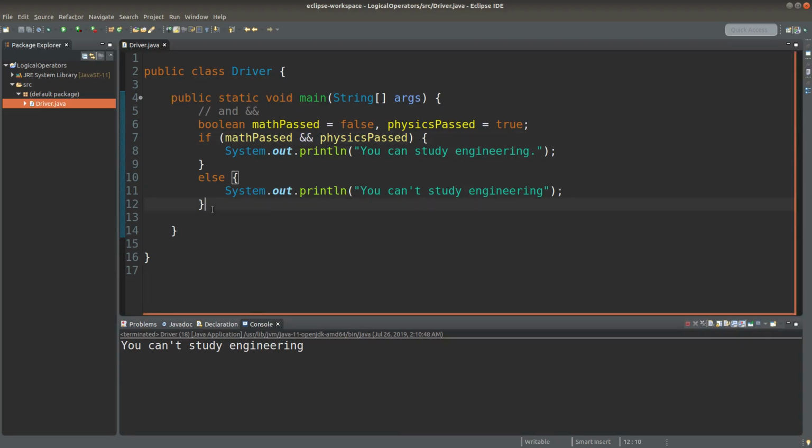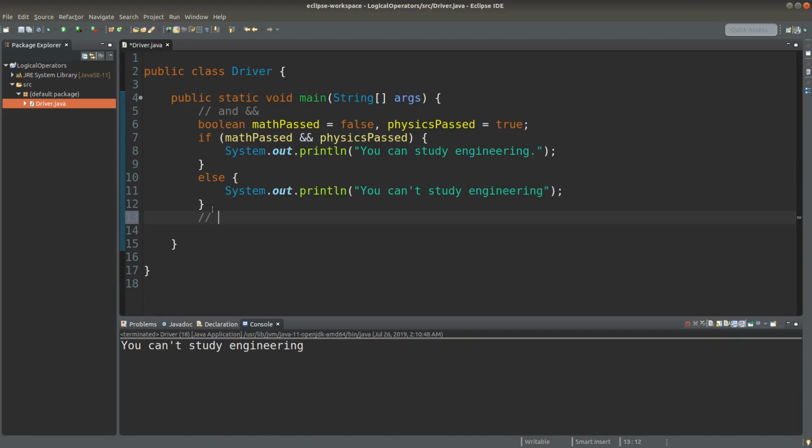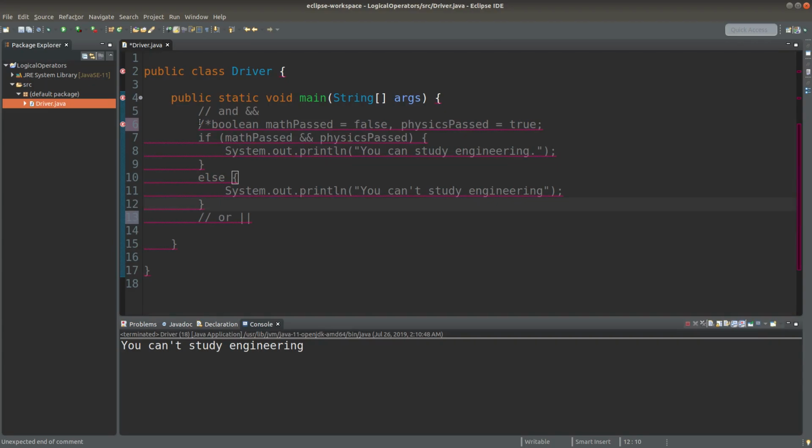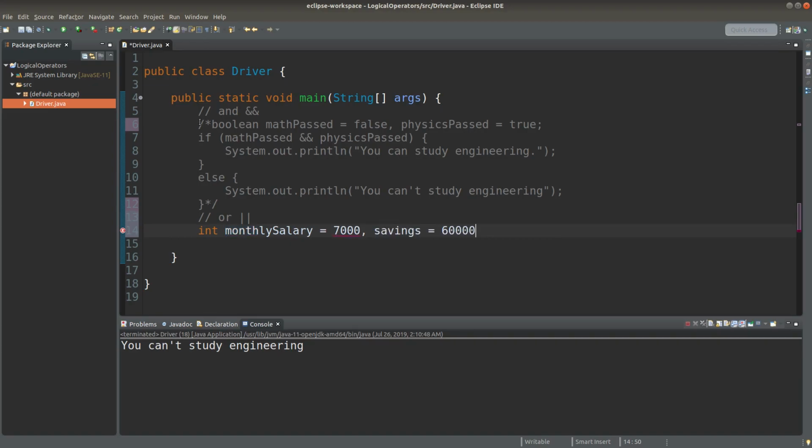We are now going to another logical operator called OR. In Java, we use two vertical lines to represent the OR operator. Let us see an example. I have two primitives.